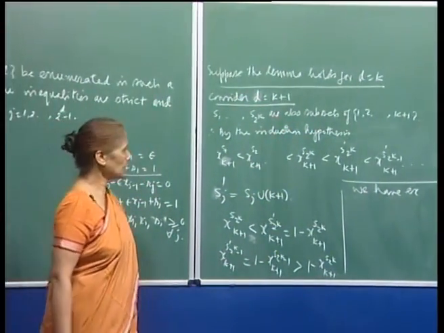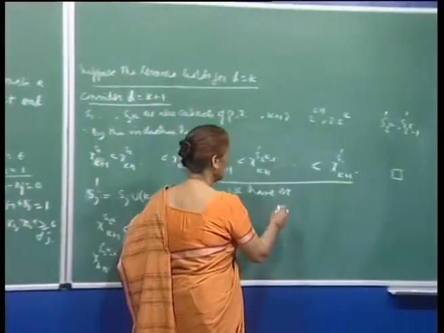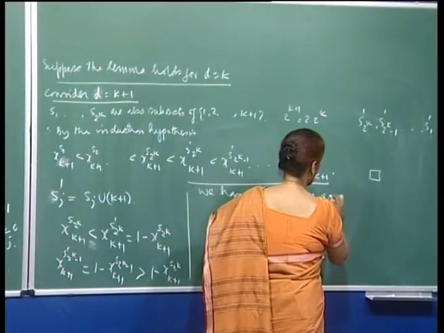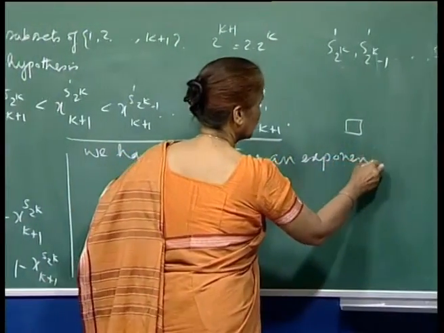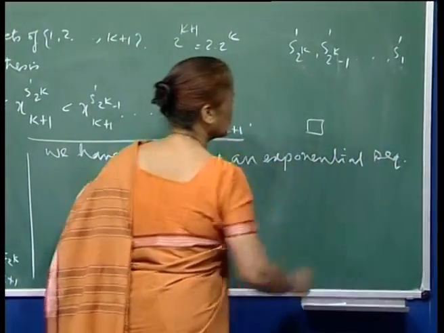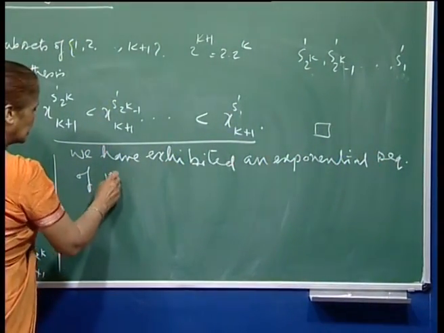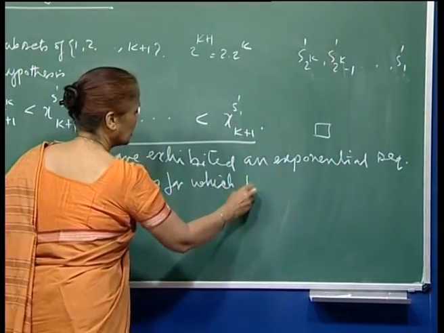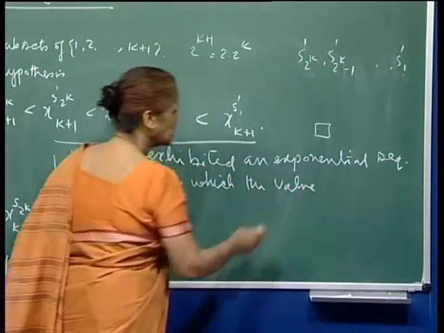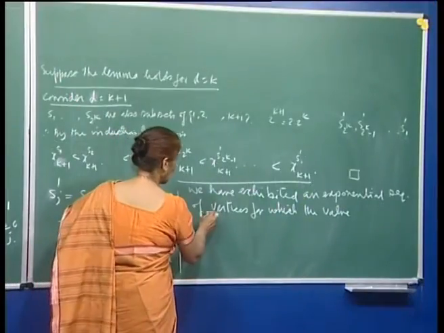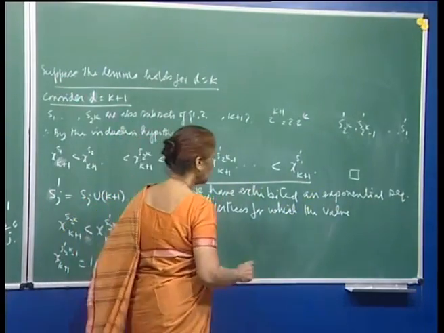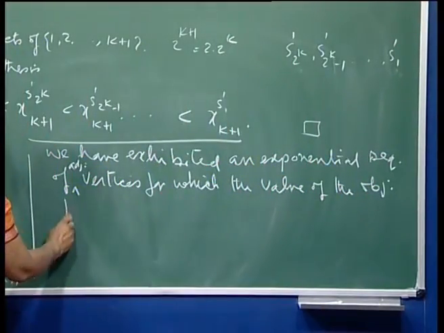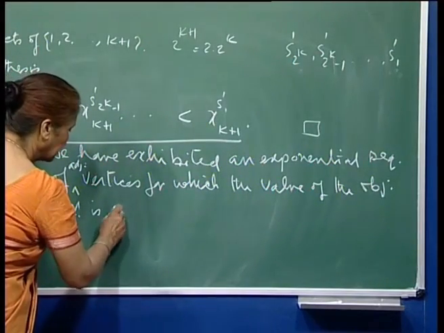So, therefore, by induction hypothesis, the lemma is over, and we have exhibited an exponential sequence of vertices, and of course, they are adjacent, a sequence of adjacent vertices, I should say, for which the value of the objective function is constantly increasing.